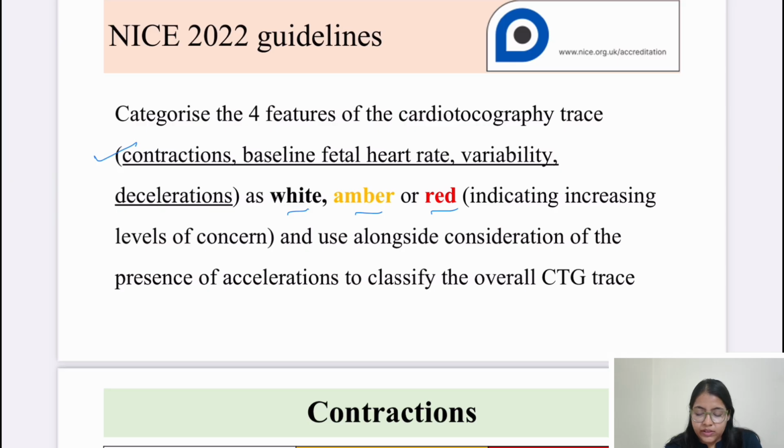Based on these features, you will categorize the CTG into white, amber and red, and this denotes increasing order of severity or concern about the fetus. White is normal, red is pathological, that is abnormal, and amber is suspicious. We have to use this interpretation alongside considering the presence of accelerations to classify the overall CTG.